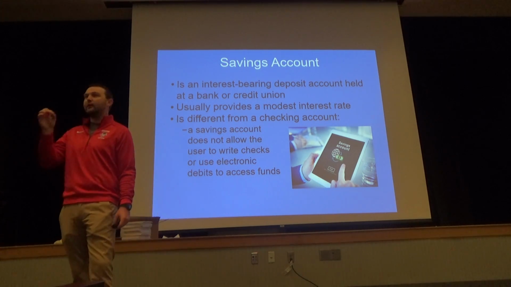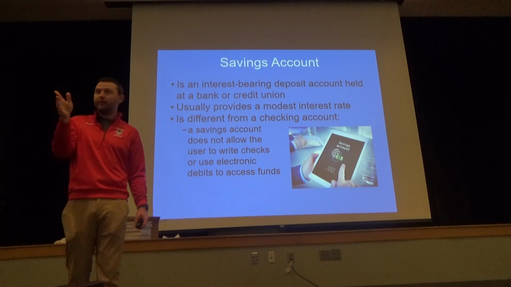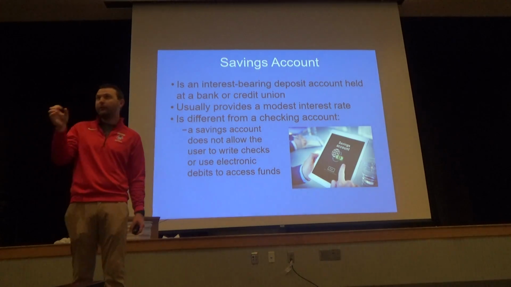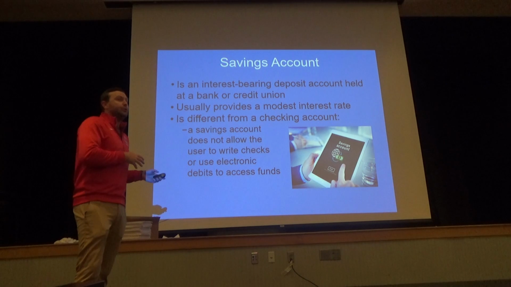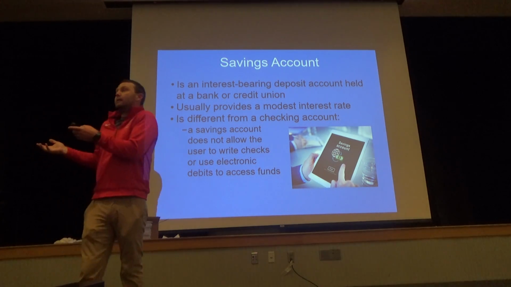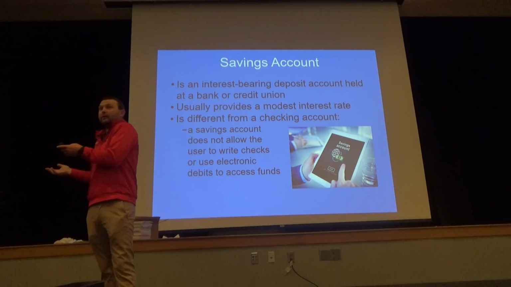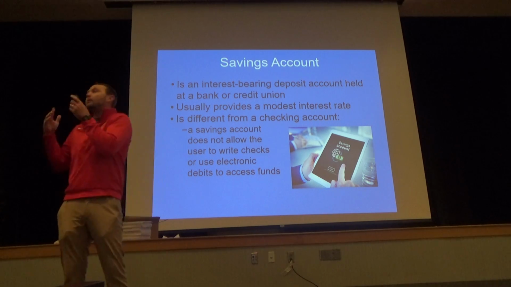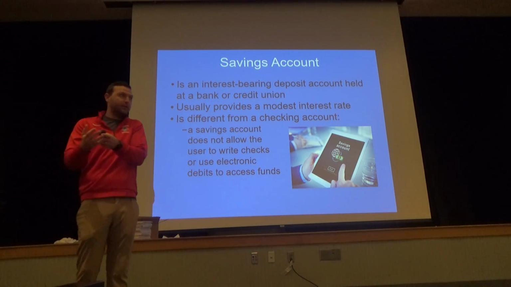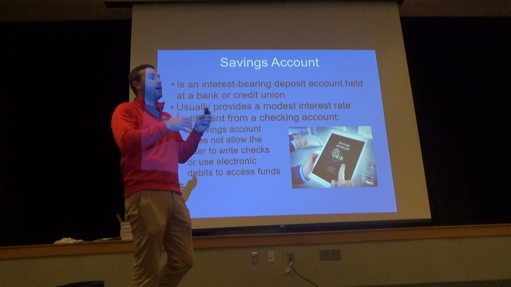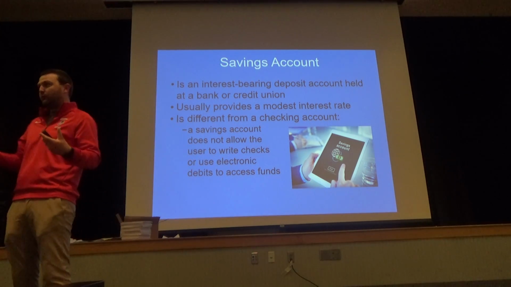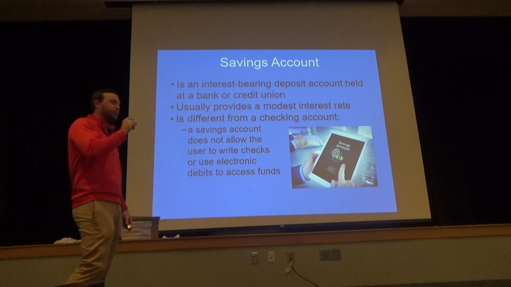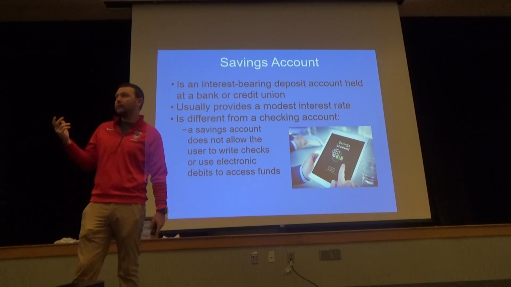A savings account does have an interest rate with it, but it's normally pretty modest. So you may get 2 cents a month depending on what you have in your savings account. The more money and the higher the interest rate, obviously the more money that you accrue while it's in that savings account. But it's normally really, really low, but it's also easy to take out.